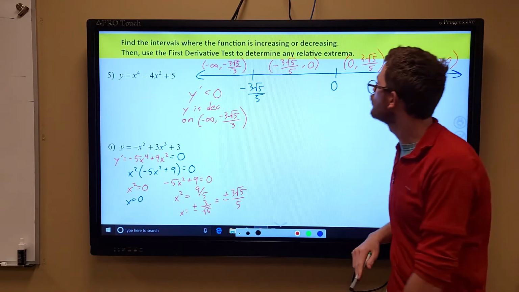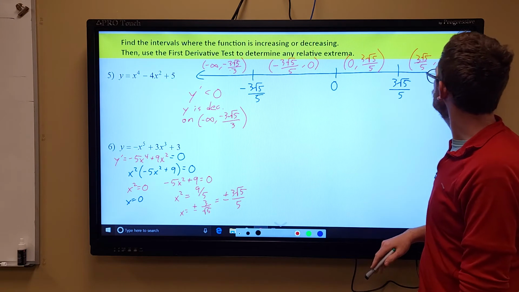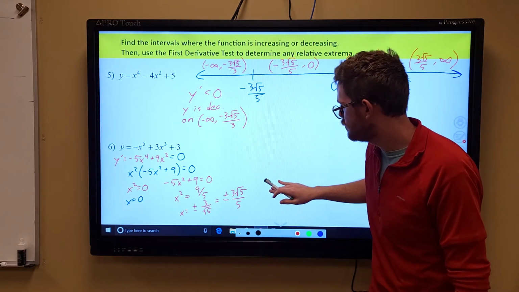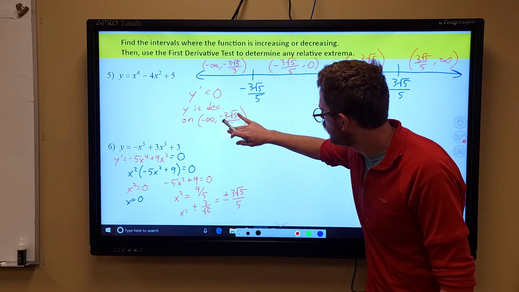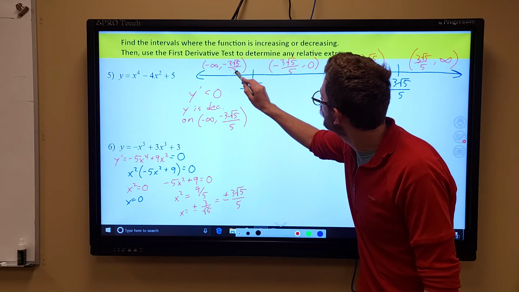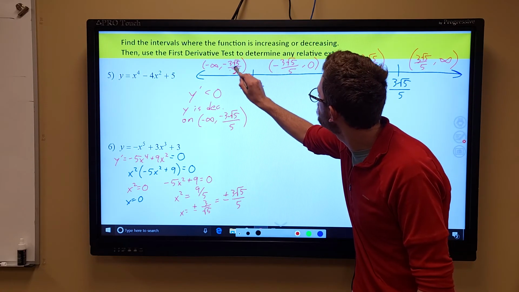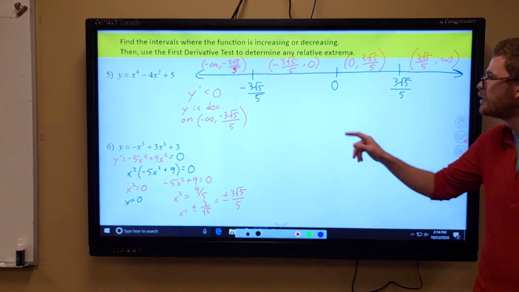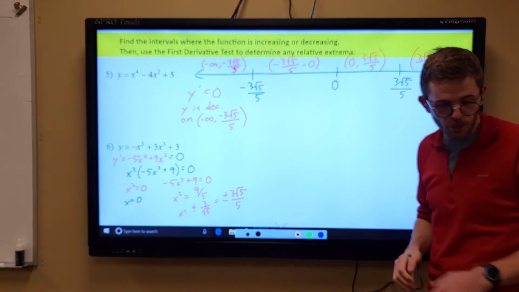Looking right here, from negative root 5, oh man, no, negative 3 root 5 over 5. I'm sorry. That's a 5. It's a 5. All right, right here, negative 3 root 5 over 5.